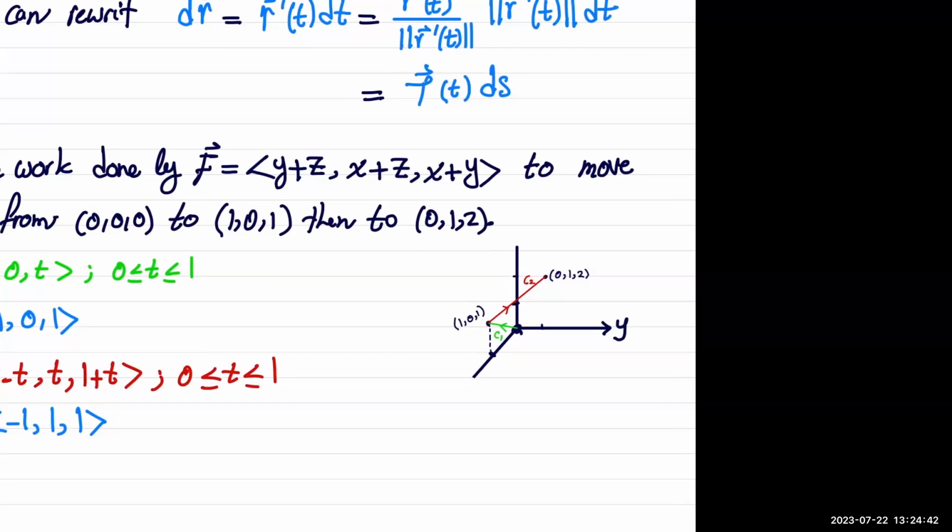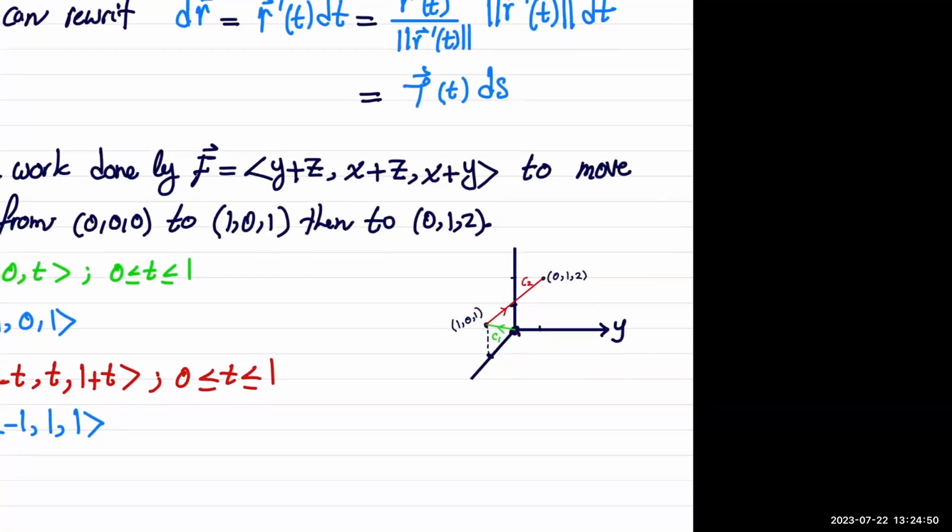C1 goes from the origin to this first stop, 1, 0, 1. And the second path is from the 1, 0, 1 location to the new location of 0, 1, 2. Those paths are linear paths.